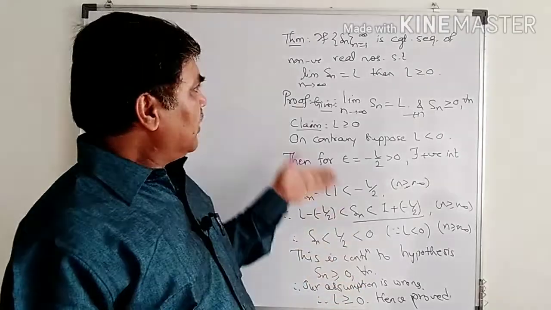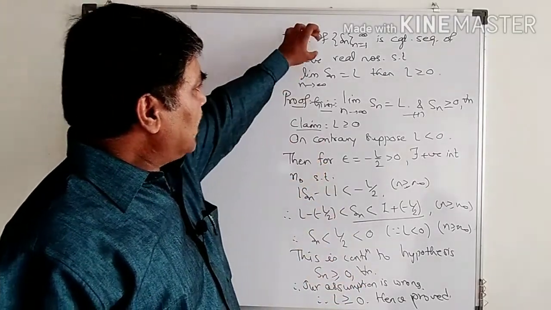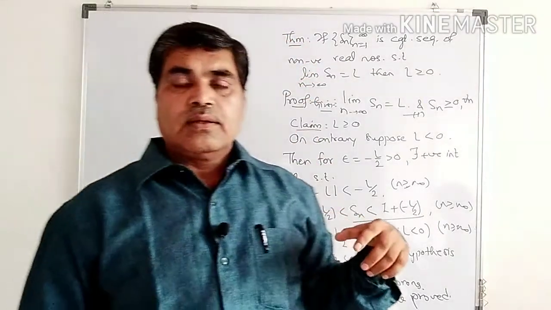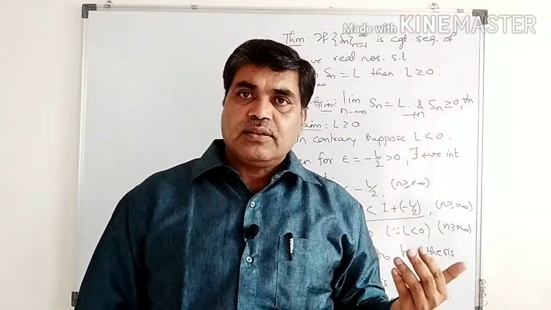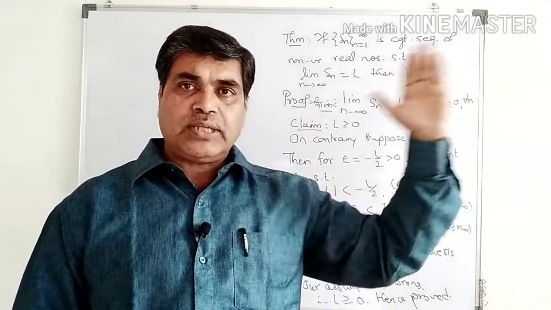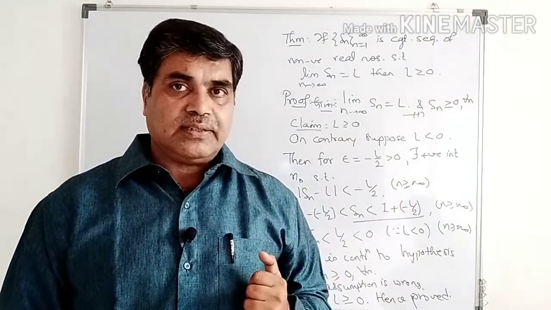Even though here we are assuming that Sn is a convergent sequence of non-negative real numbers, we know that if the limit of the sequence exists, then the Sn's are very close to L as n tends to infinity.